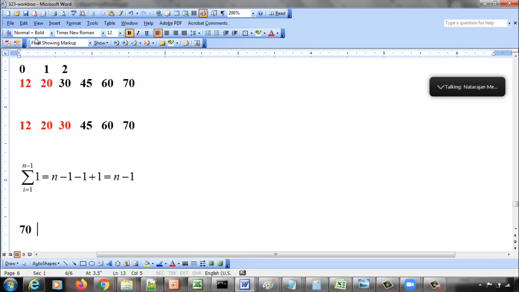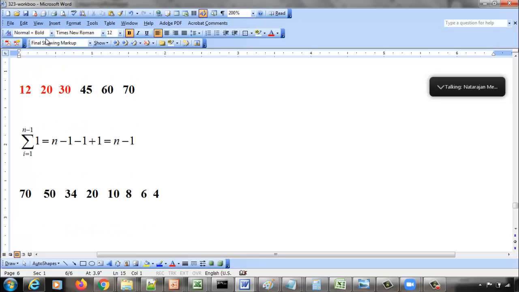So if it is like this, then every time we have a sorted portion, say something like this is our sorted portion, and then we have the unsorted portion like this.